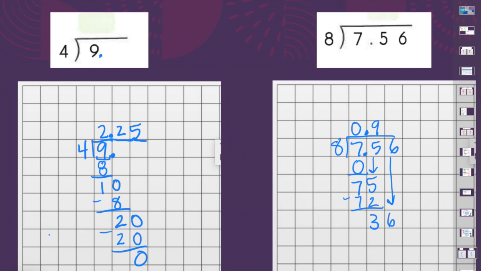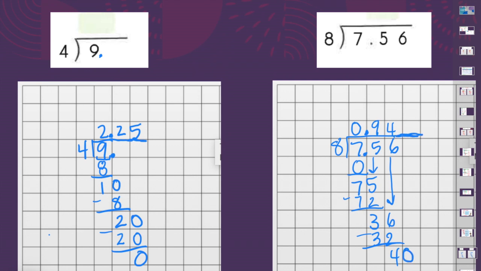And 3 tenths gives us 30 hundredths, plus the 6 hundredths that were there gives us 36 hundredths. So 36 hundredths divided into 8 equal groups gives us 4 in each group. And so there's 4 hundredths left over. We can regroup those 4 hundredths into the thousandths, and it would become 40 thousandths.